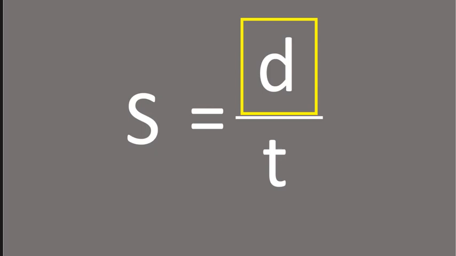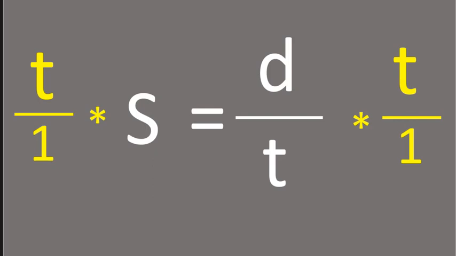Well, we look at what is happening to D. I hope you understand that D is being divided by T, or time. To undo that, we have to do the opposite of divide. We're going to multiply by T. It's an equation, so we have to multiply by T on both sides to make it equal.